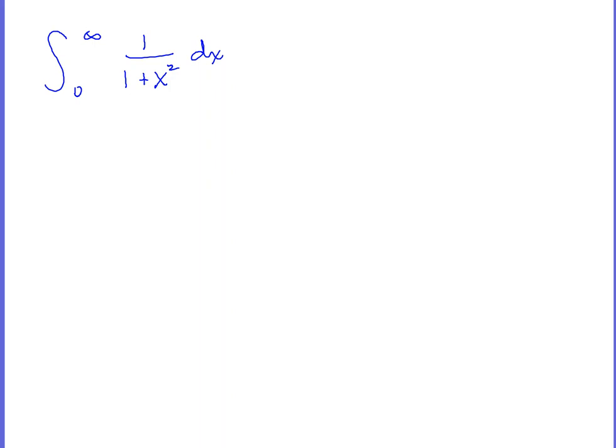All right, here is another one. This should look very familiar. 1 over 1 plus x squared, that is arctan. Now, all of these so far have been b approaching infinity.